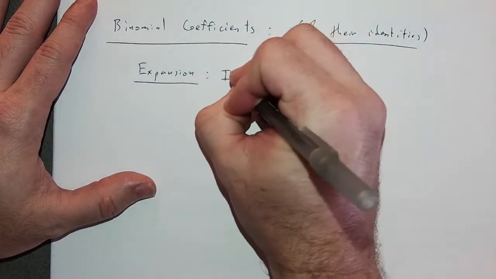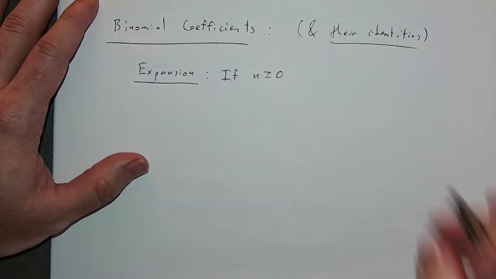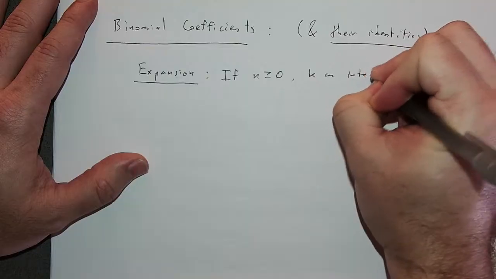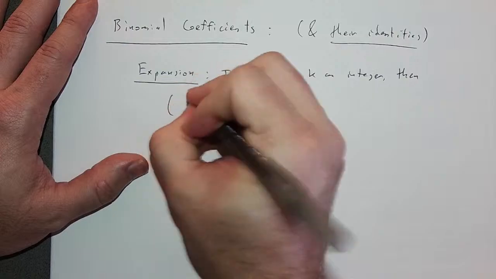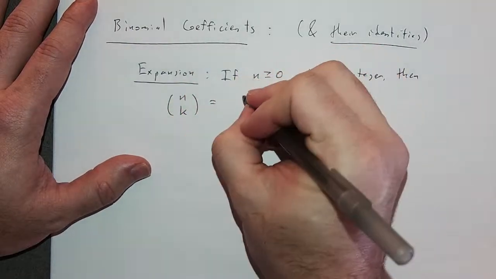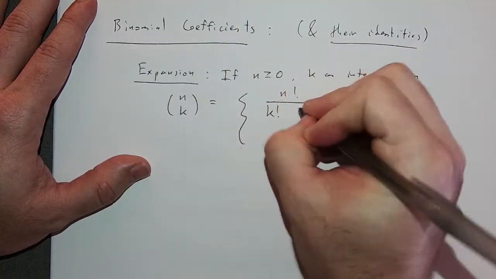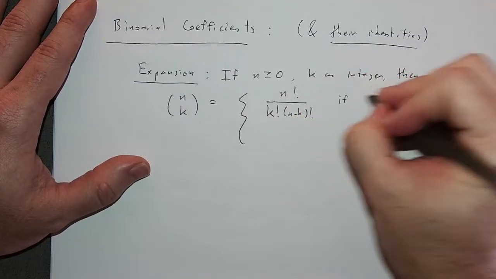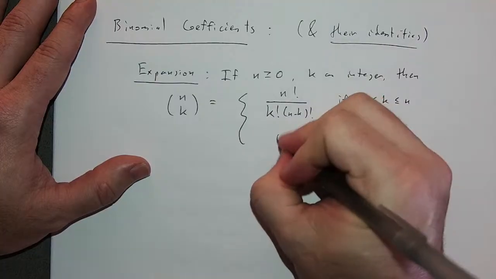So if n is a non-negative integer and k is an integer, then n choose k, this binomial coefficient, is n factorial over k factorial times n minus k factorial if k is between 0 and n, and it is 0 otherwise.